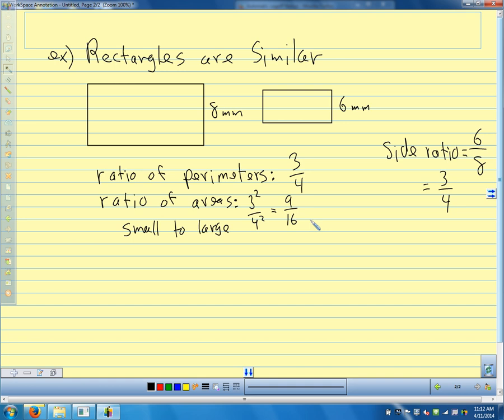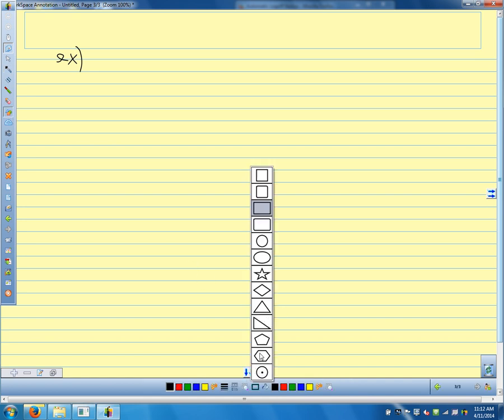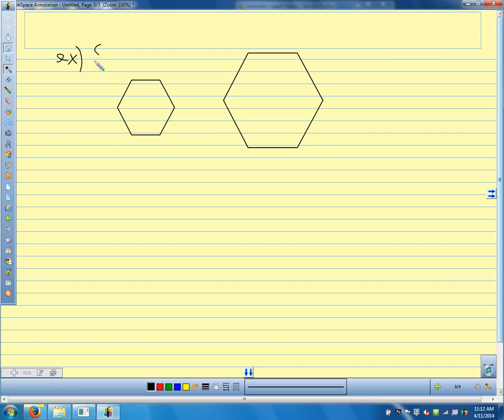All right, let's look at one where we can actually figure out the area from some ratios. So here we'll work with hexagons. Here's my hexagon. And we're going to say these are similar. And the fact that they're similar is what lets us set up these proportions.